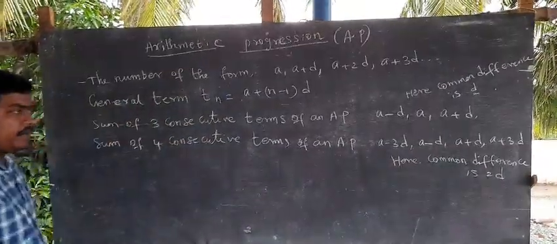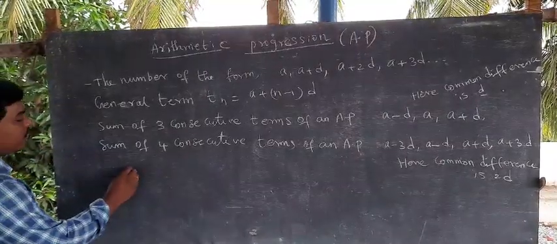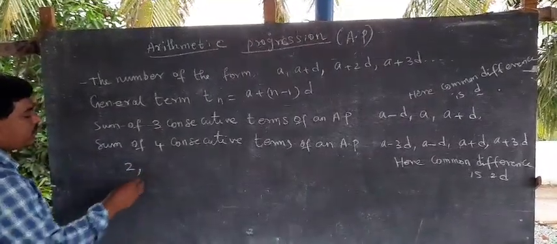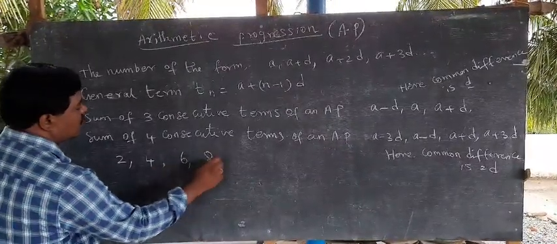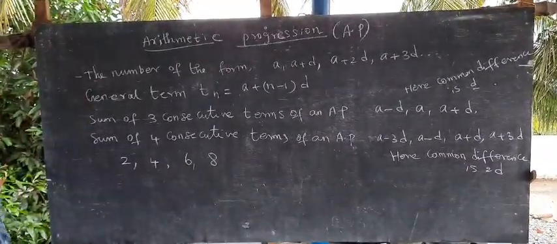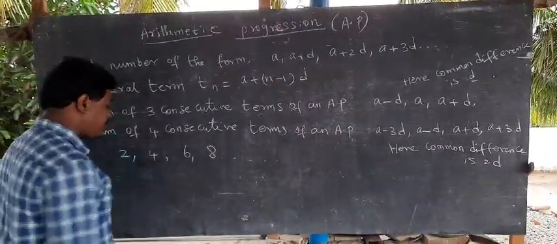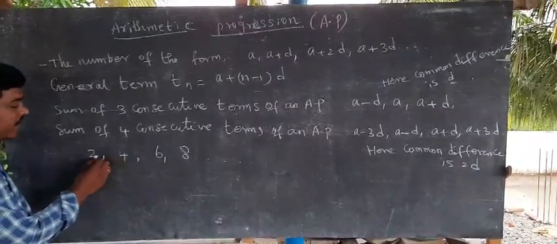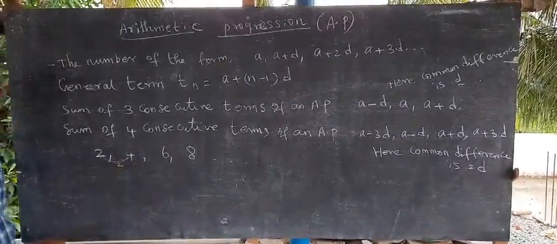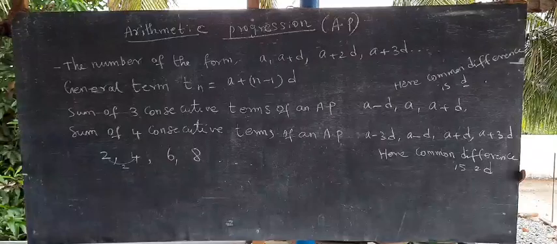So AP, listen. Here we have 2, 4, 6, 8. Like this, we have a sequence. From 2 to 4, the difference is plus 2.